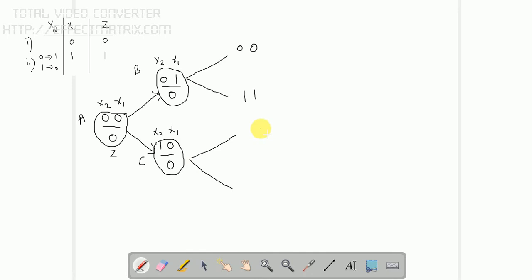The right value is changed, left value is taken as it is, and the right value is fixed and the left value is changed from 1 to 0. So this is my x2 and this is my x1.